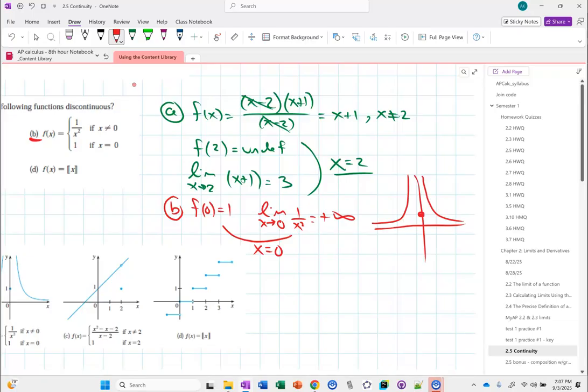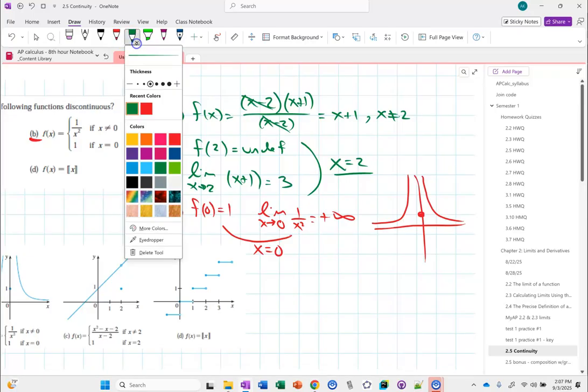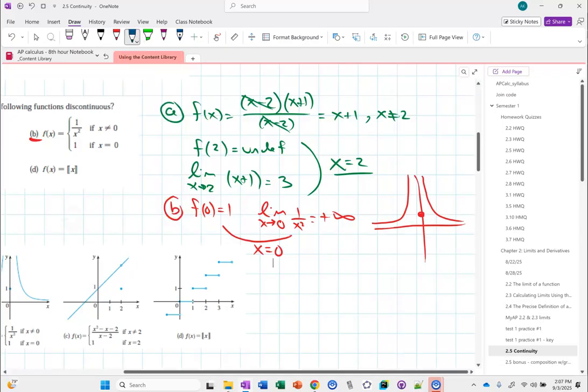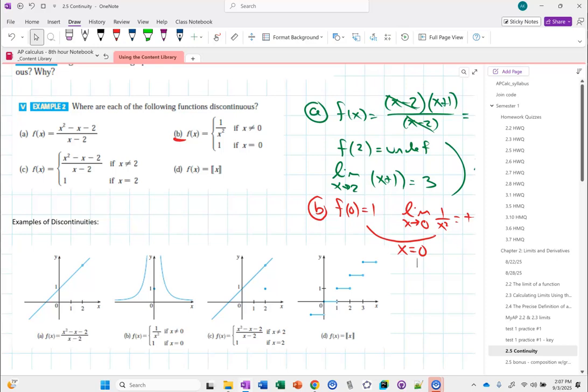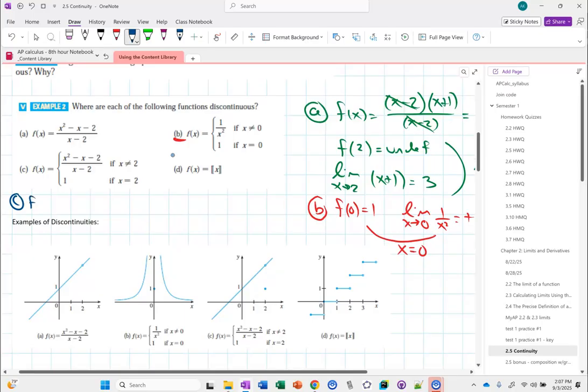Everybody's good still? Let's keep on chugging here. What if we take that first thing that wasn't continuous at 2, and fill in a value there at 2? Well, we know f of 2 is 1, right? That's easy to see.